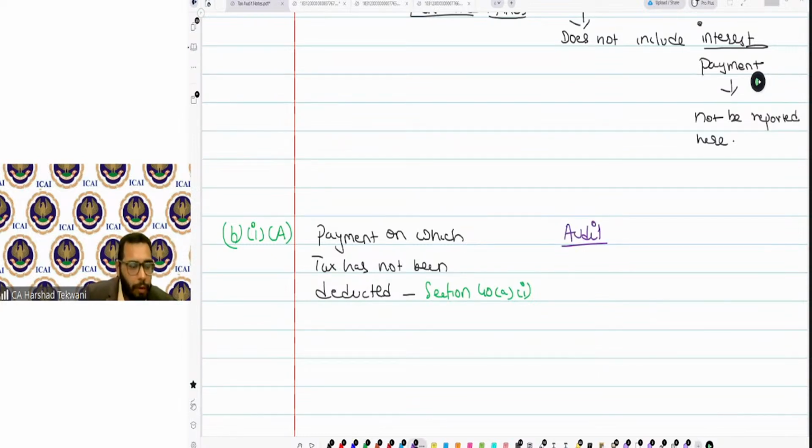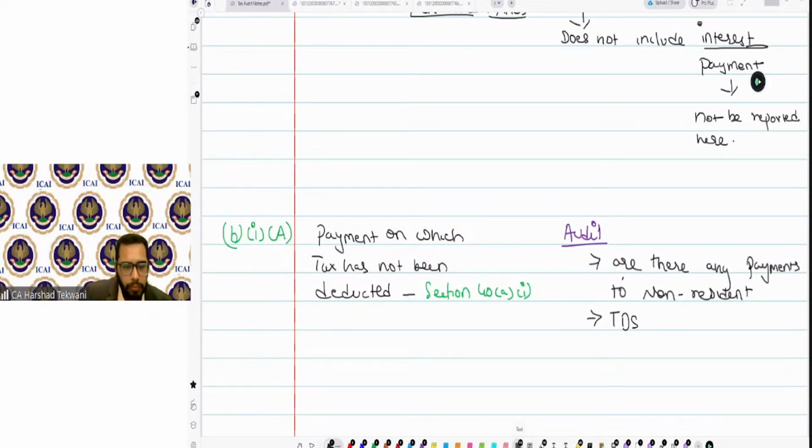So when we perform the audit, we need to check whether there are any payments to non-residents, and from TDS records, we can verify whether tax has been deducted or not.